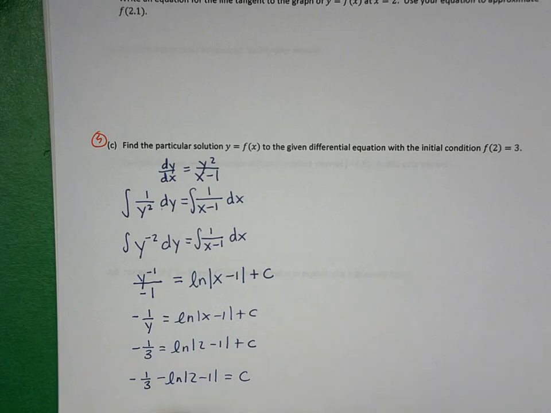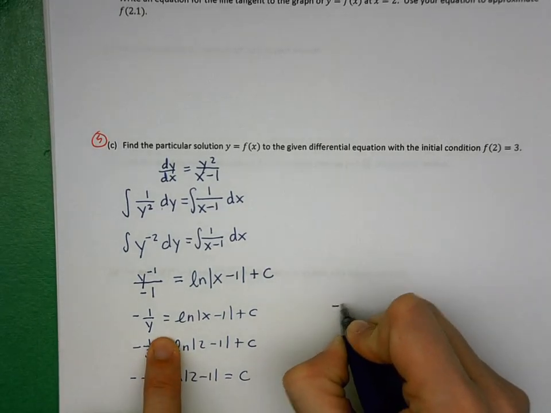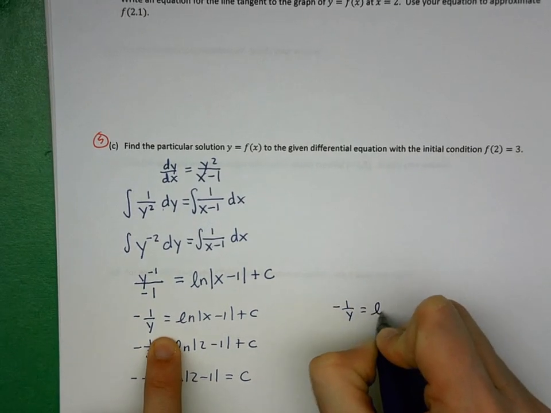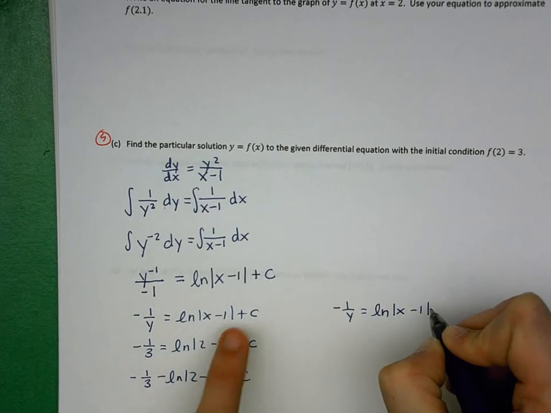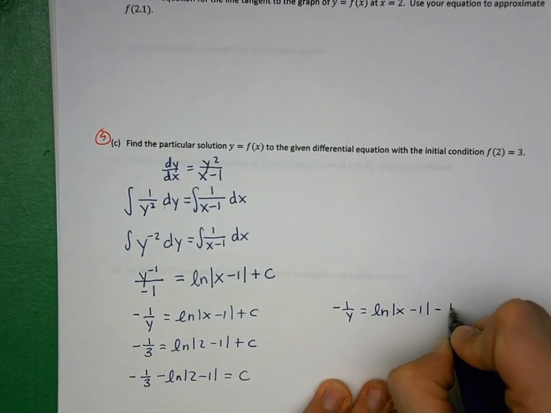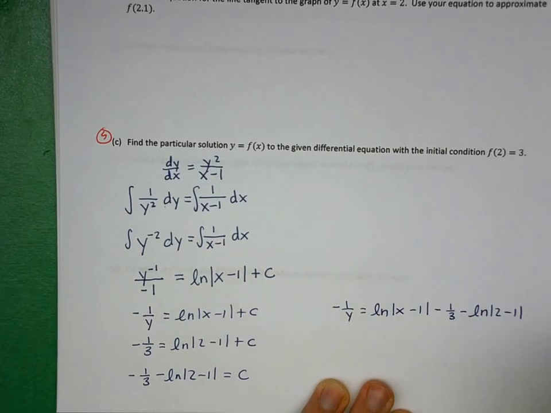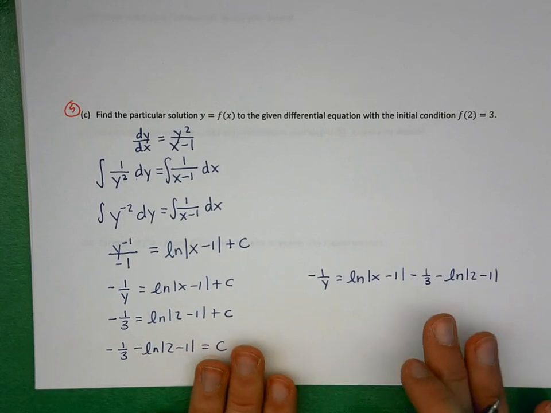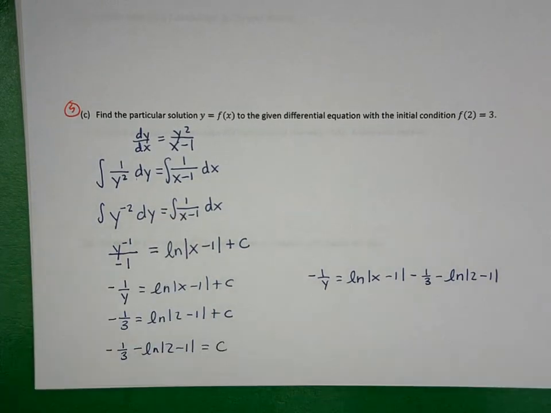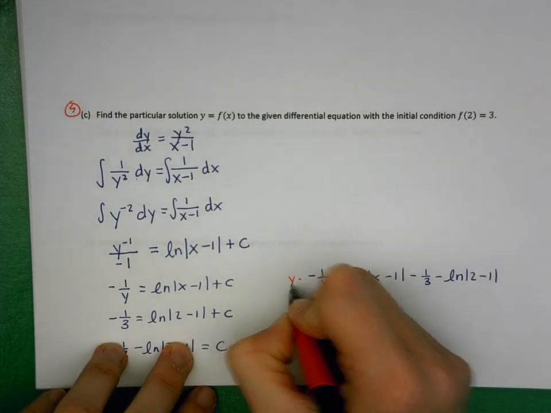Right? And so then taking that and plugging it back into my equation, we have -1 over y equals natural log of x minus 1, and then plus my c, which is -1/3 minus natural log of the absolute value of 2 minus 1. And then as we were working on ones like these in class, it looked like most people, so I saw some people who spun the fraction, but it looked like most people actually preferred multiplying by y to both sides.